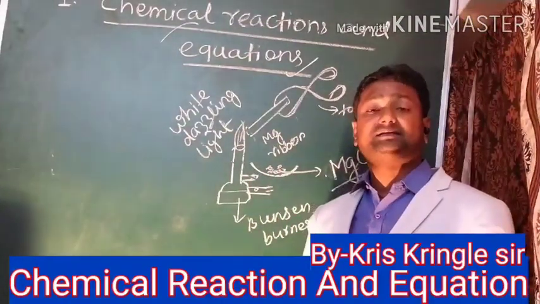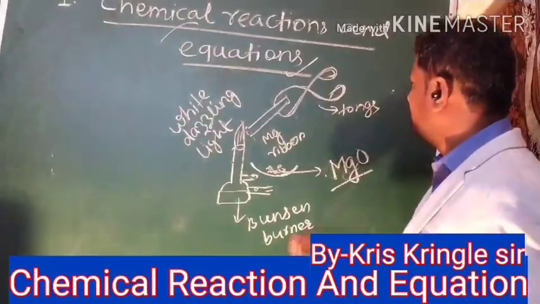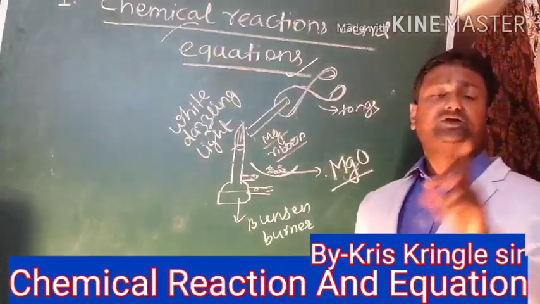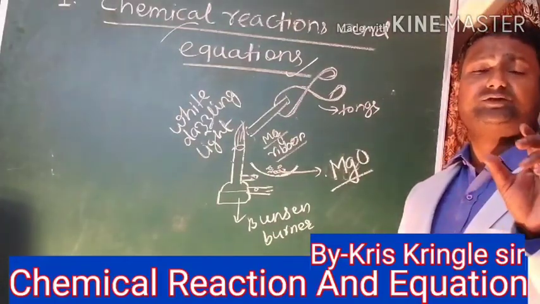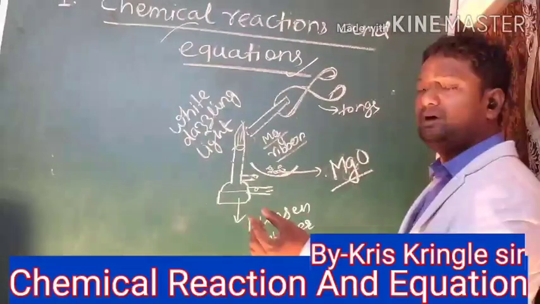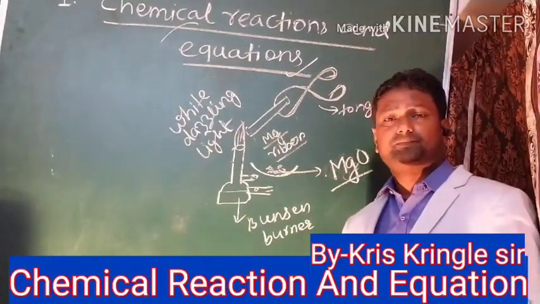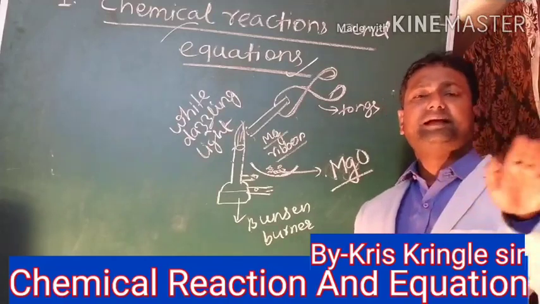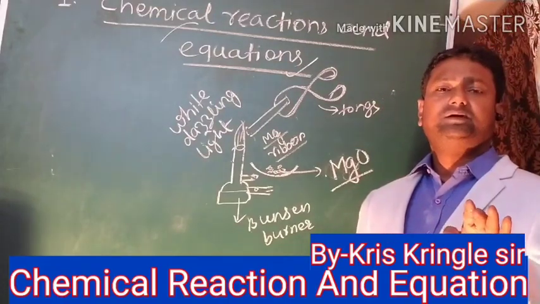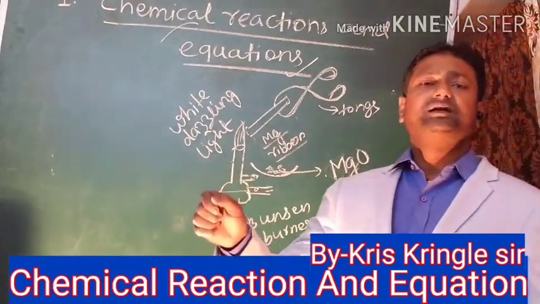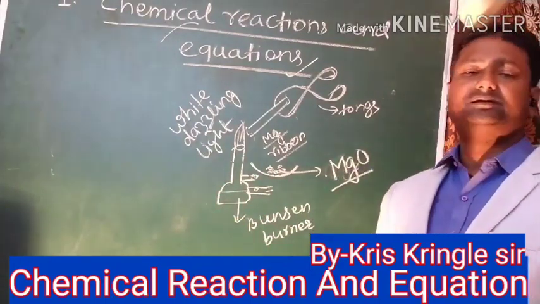What is the cause behind it? The cause is that magnesium ribbon, when exposed to air, combines with oxygen and forms a layer of magnesium oxide over the ribbon, which prevents efficient burning of the magnesium ribbon.